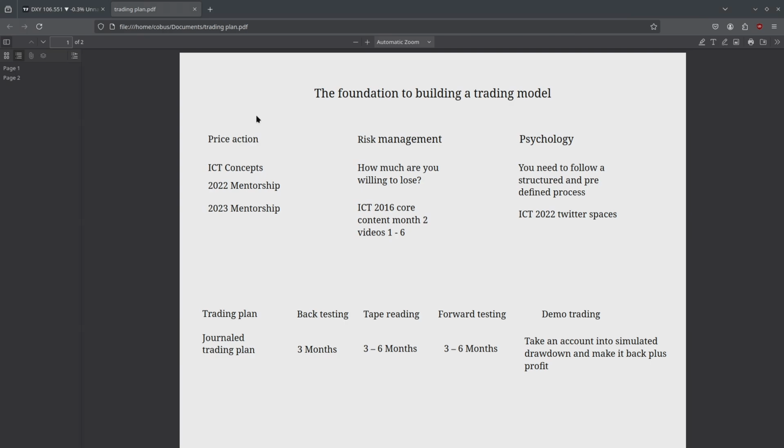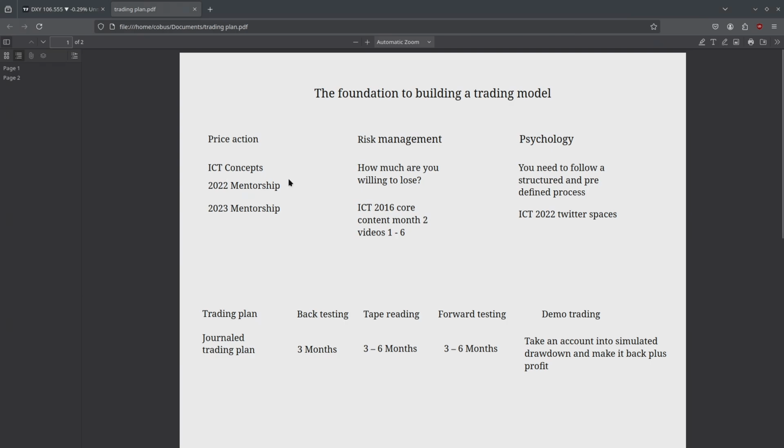How to read the markets, what you're going to be looking for. We are primarily focusing on ICT concepts. So, ICT concepts in general, a wonderful place to start if you're brand new and you're not sure where to start.